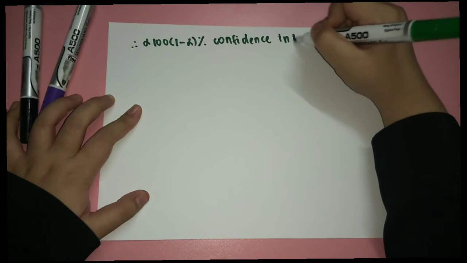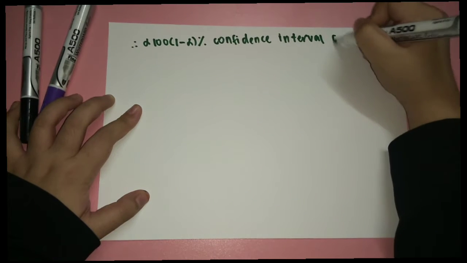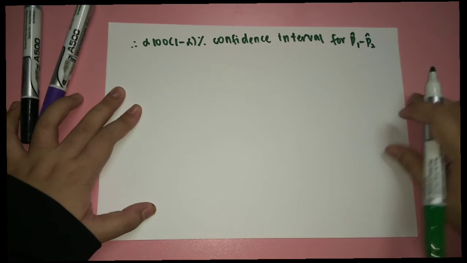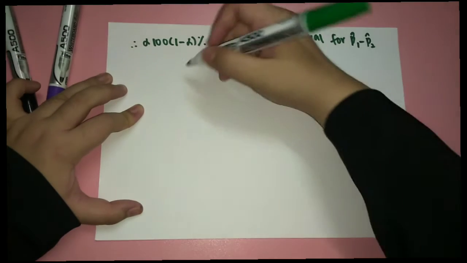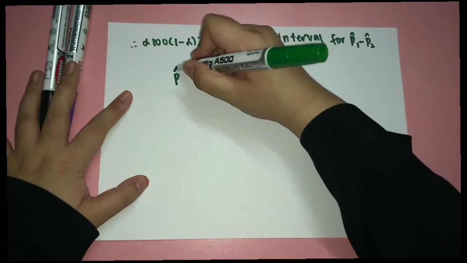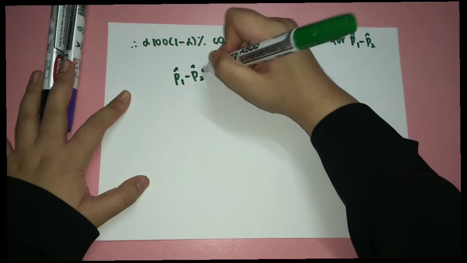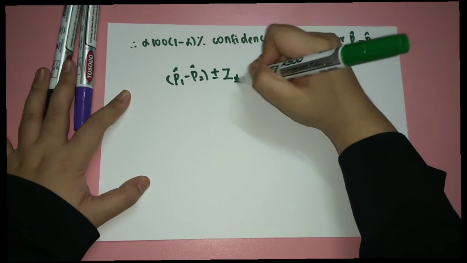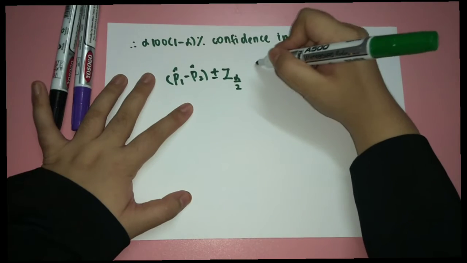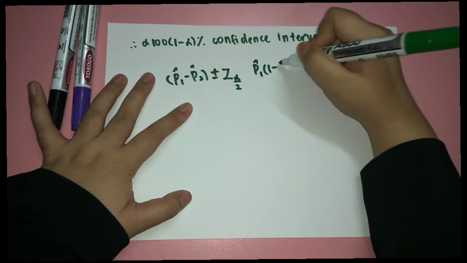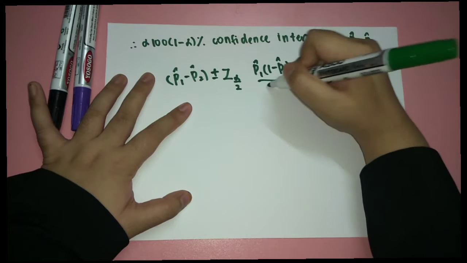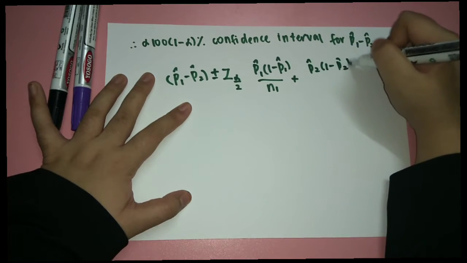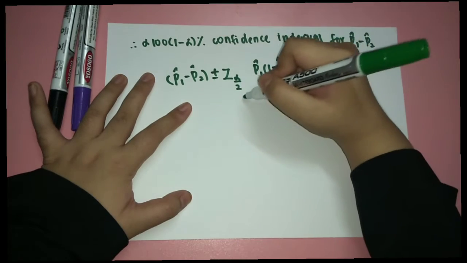The confidence interval for the difference of two proportions, p1 minus p2, is given by this formula: p hat 1 minus p hat 2 plus or minus z alpha over 2 times the square root of p hat 1 times 1 minus p hat 1 divided by n1 plus p hat 2 times 1 minus p hat 2 divided by n2.